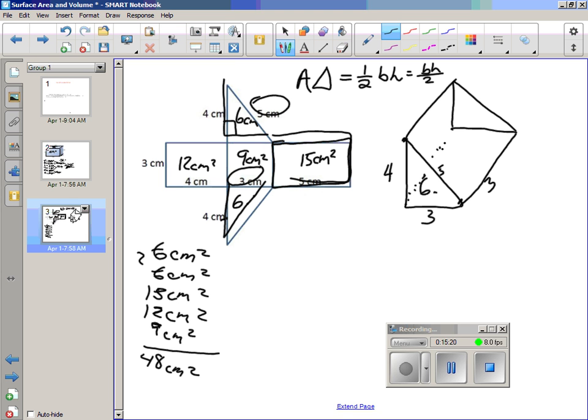Now, surface area we use quite a bit. Like if you're going to paint that wall right back there, we need to figure out the total area of all the walls together to figure out what the surface area is. And then we'd have to figure out, 1 gallon of paint, how many square feet does 1 gallon cover?